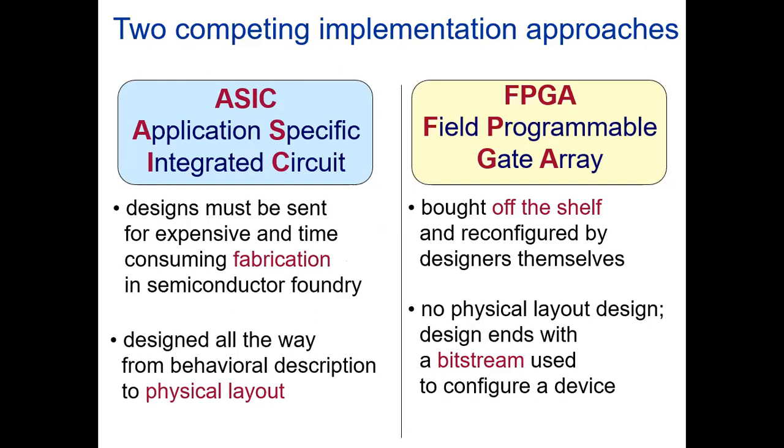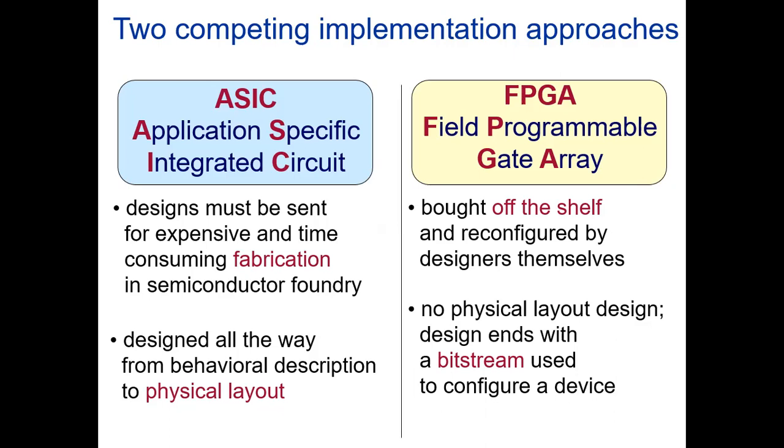Before I start the FPGA detail, here we are differentiating the ASIC and FPGA. ASIC, you know the term. This is application specific integrated circuit, and the design must be sent for expensive and time consuming fabrication in the semiconductor foundry.